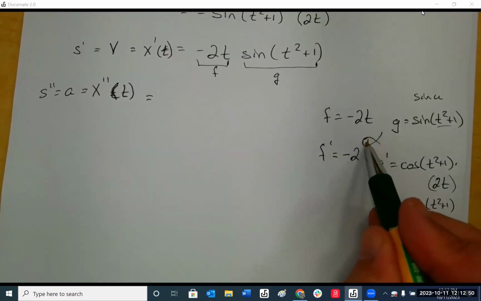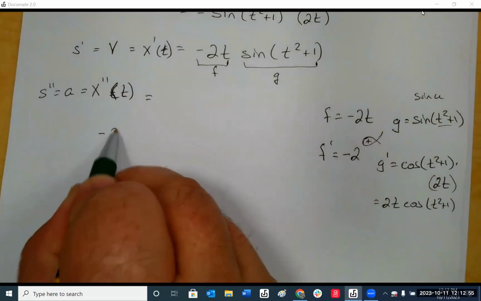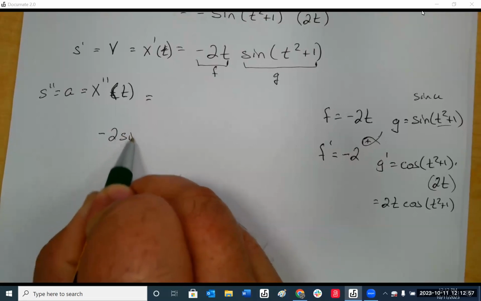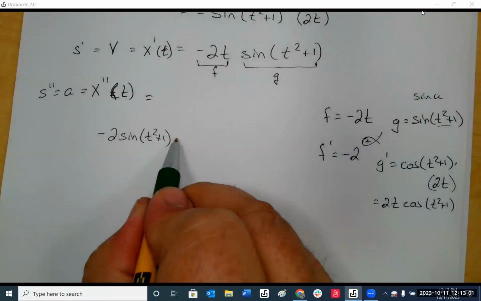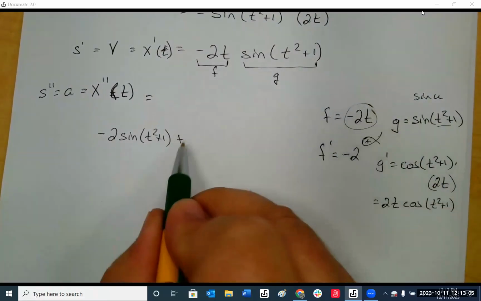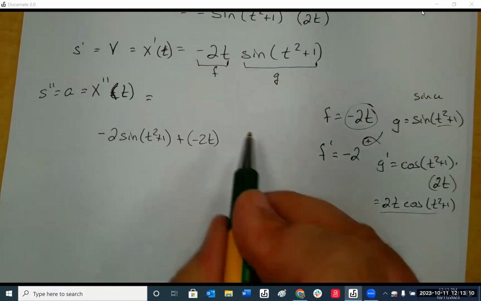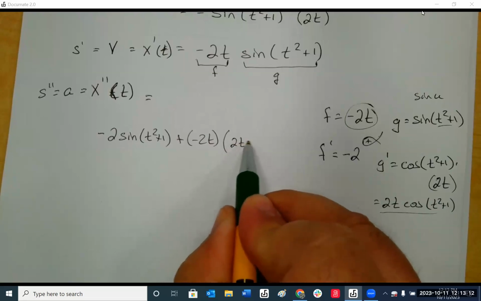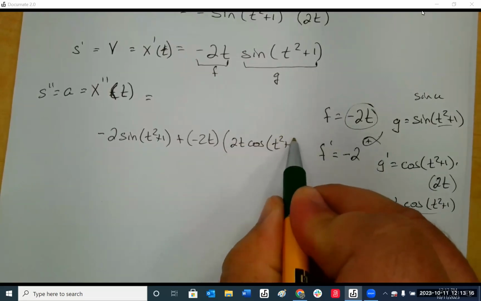Do the fishy thingy, it's plus since it's a product. So we have negative 2 sine t squared plus 1 plus negative 2t times 2t cosine t squared plus 1.